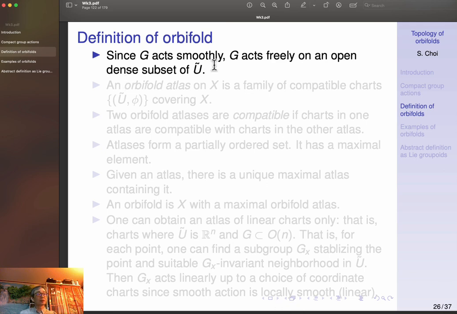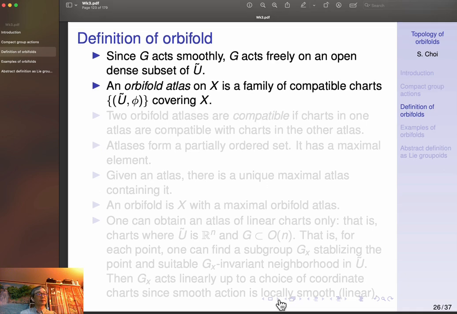Since G acts smoothly, G acts freely on an open dense subset of Ũ. This follows from smoothness: if you have a locally smooth action, this is always true. This was in Bredon's book.